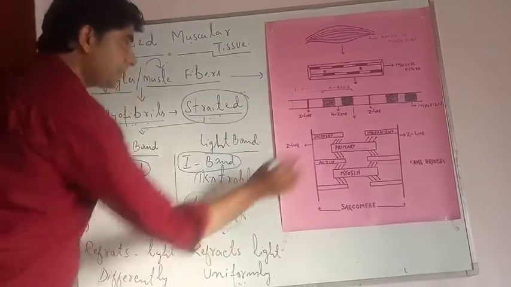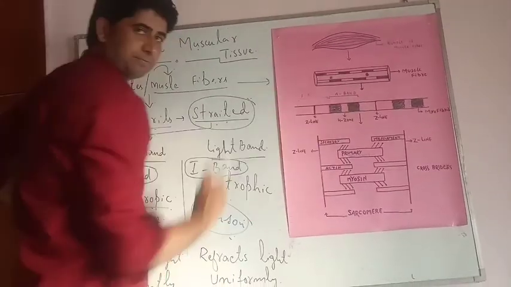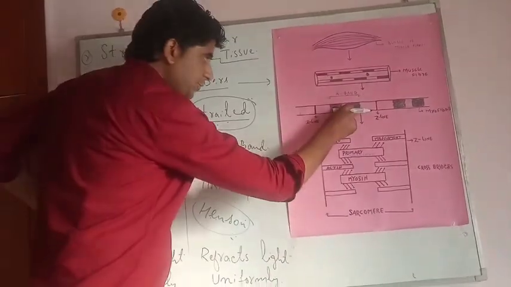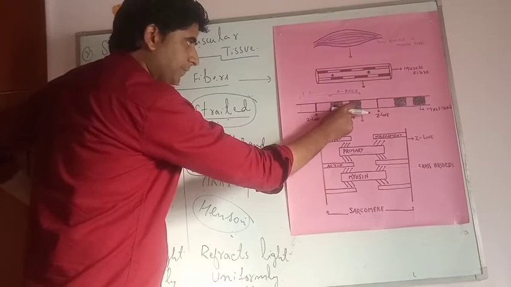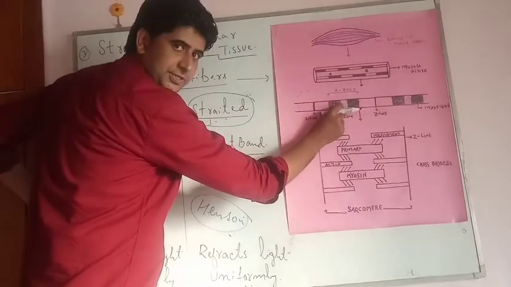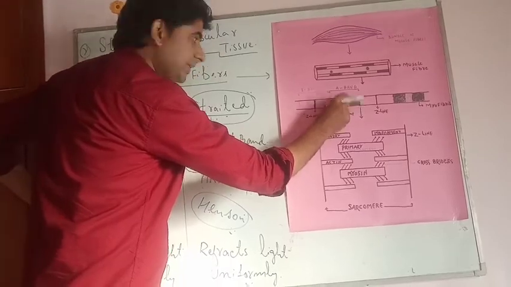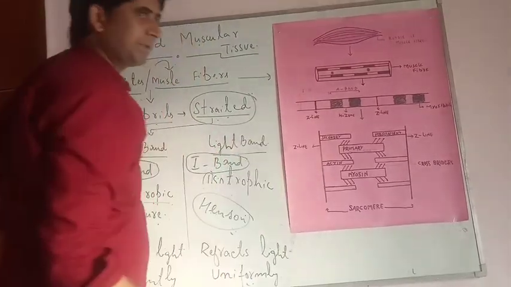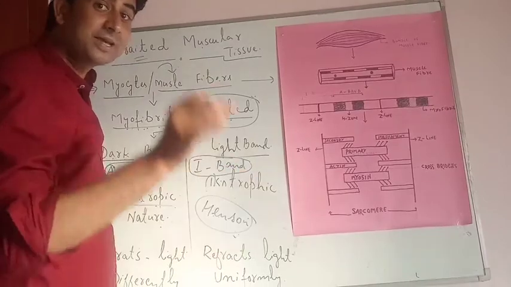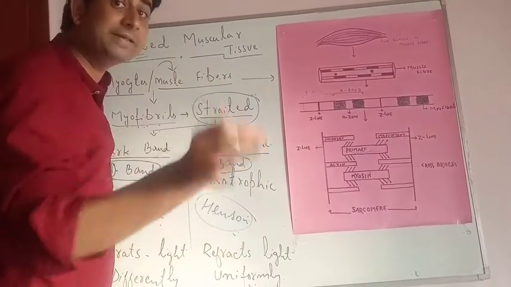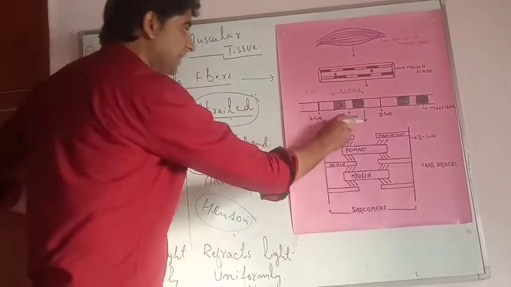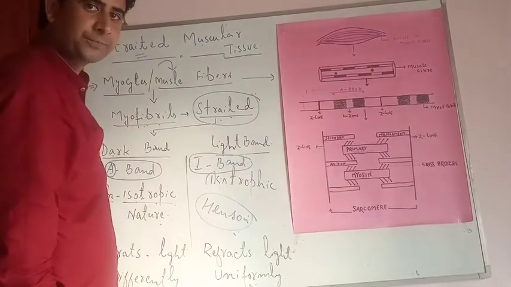That is why इस जोन को हम कहते हैं H zone. That means each dark band possesses a slight darker region in the mid. That slight darker region is termed as H zone. H zone इसलिए because this was discovered or observed by Hansen. That is why the H zone or Hansen zone.